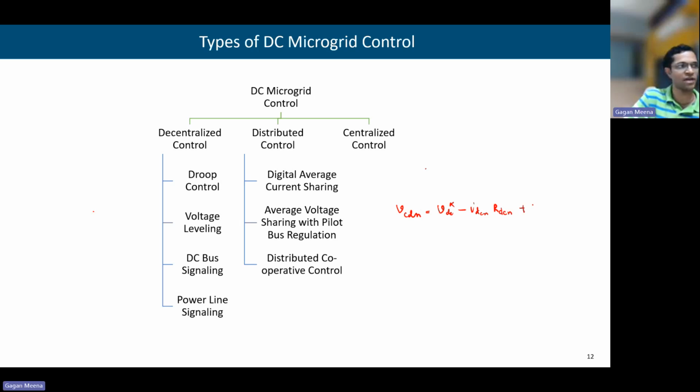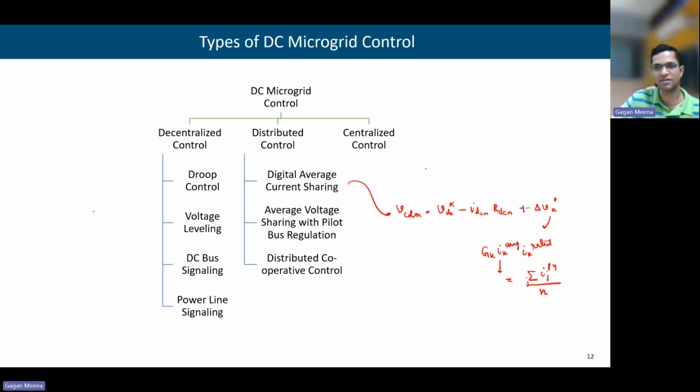It adds one more element here, delta VK0. And this delta VK0 is equal to GK IK average. That's why the name is average current sharing, and IK rated. And this IK average is equal to IJ per unit divided by N over J. It will take the average current.